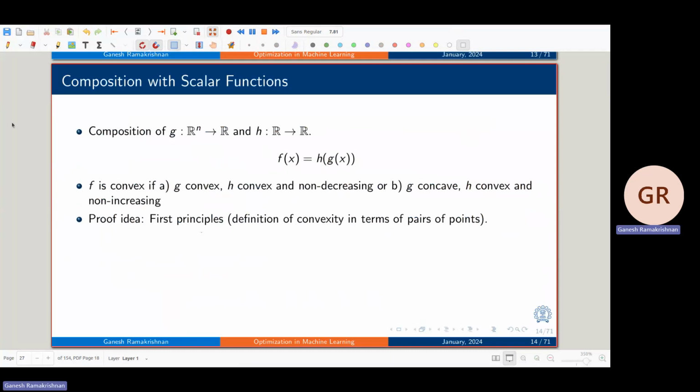So the composition is convex if g is convex with non-decreasing convex h. It will not be increasing, but non-decreasing.